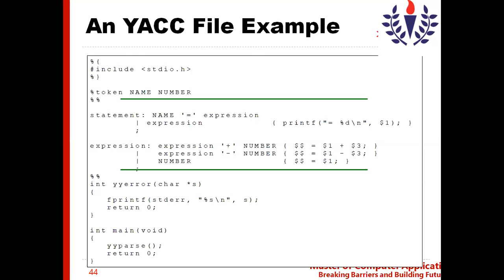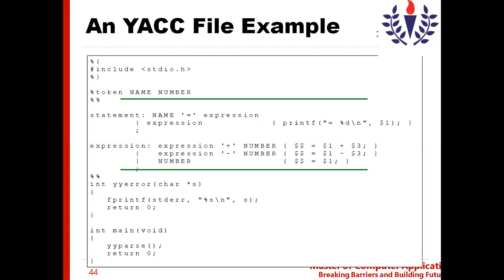So when the token is received by the Yacc, as I mentioned earlier, the tokens would be name and number. So when you have an example, say for example, A is equal to 10 plus 20. When you read A, that is the name. Then equal to, and in the right hand side we have 10 plus 20.